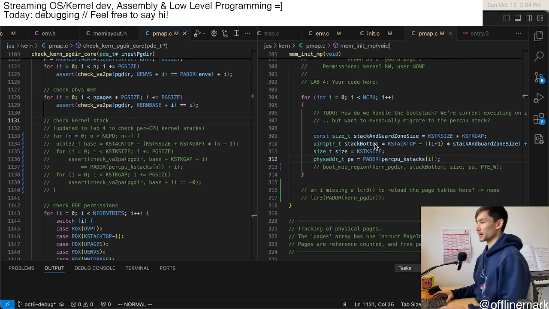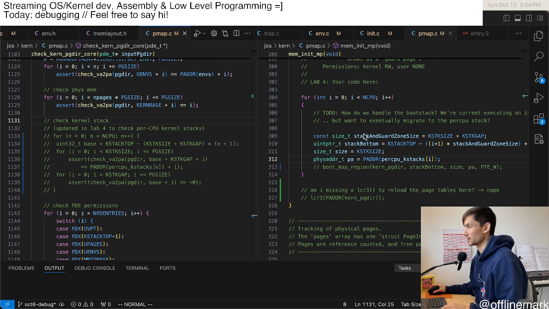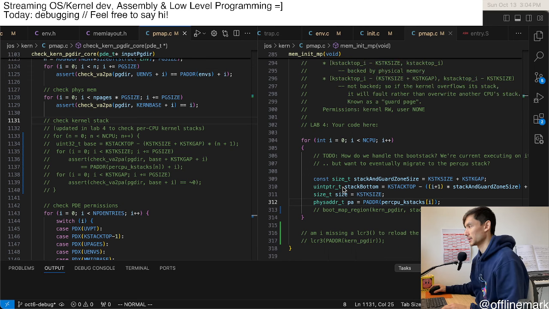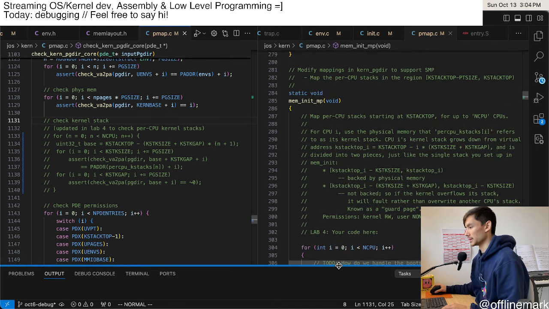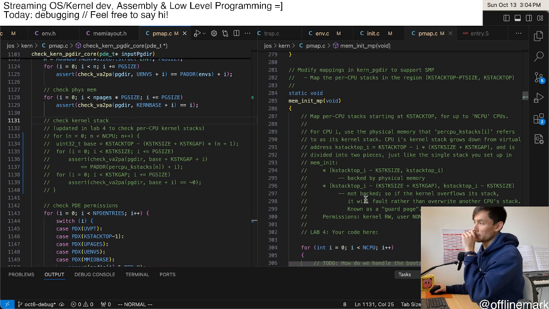So really it's all about the stacks. And I even have this comment, but basically what's going on here is that we are migrating to a different stack.